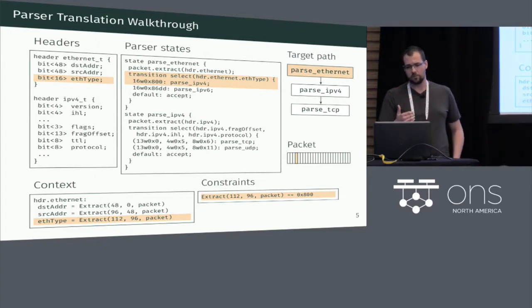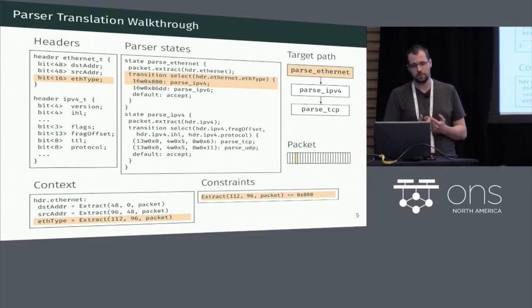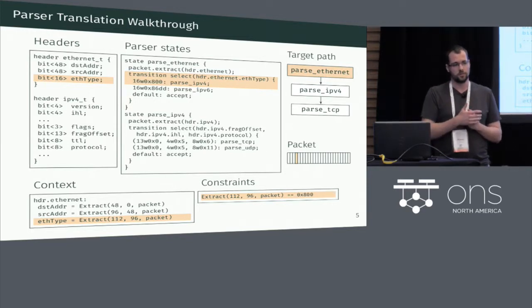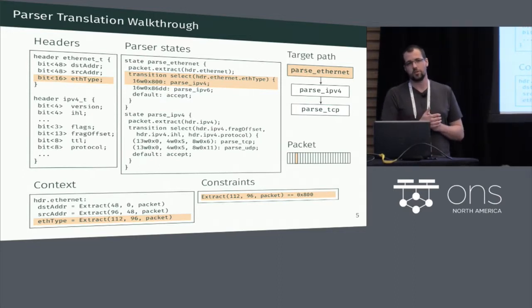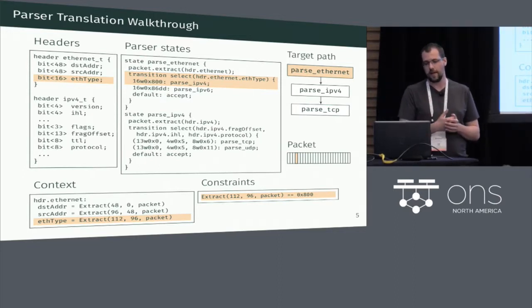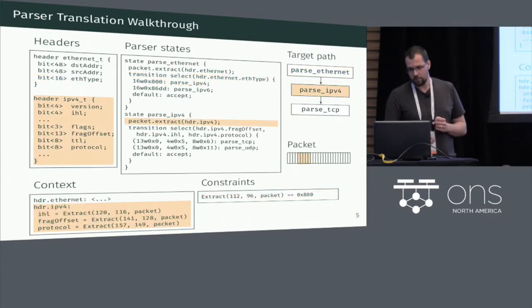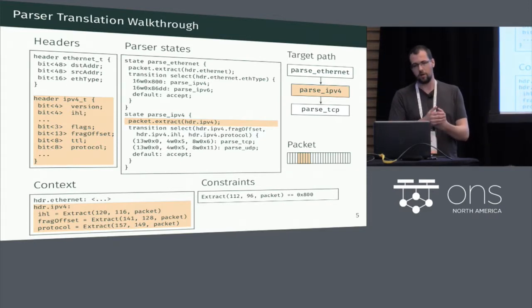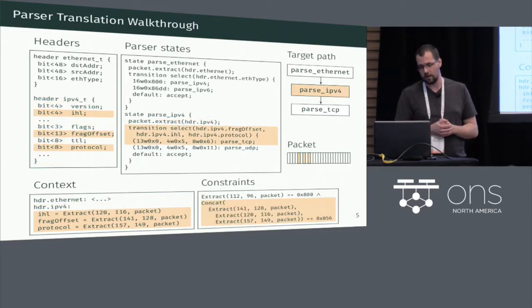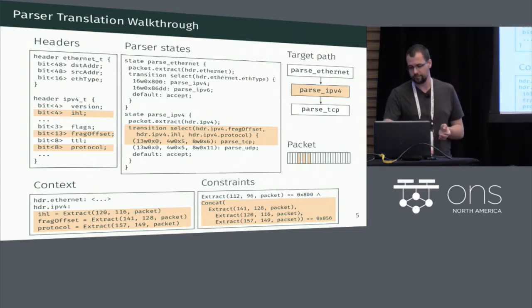The way we generate the constraint that corresponds to this statement is that we look up in our context what the symbolic expression for ETH type actually is, and we generate the constraint that this symbolic expression has to correspond to the value specified in the transition. And then we continue this process. We go to the next state, and we again model the extract statement, which updates our context, and we again add a constraint for the next transition.